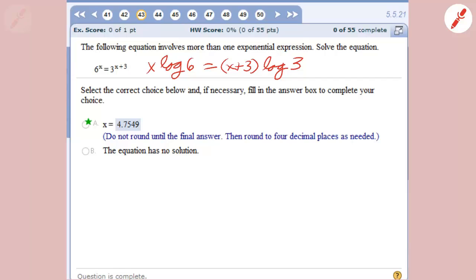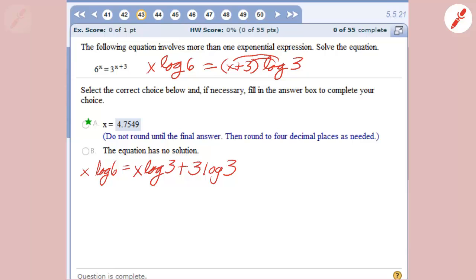All right, now I'm just going to do some algebra. X log 6 equals x log 3 plus 3 log 3. Now all I did was distribute. Log 3 is just a number, so I multiplied log 3 into the binomial x plus 3.